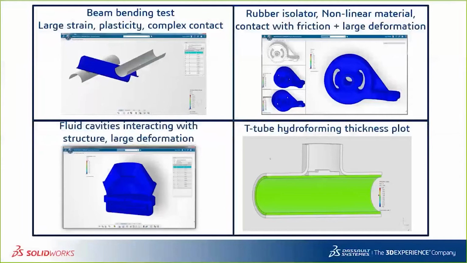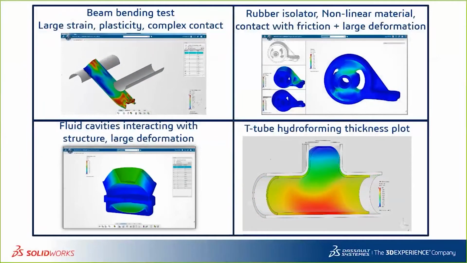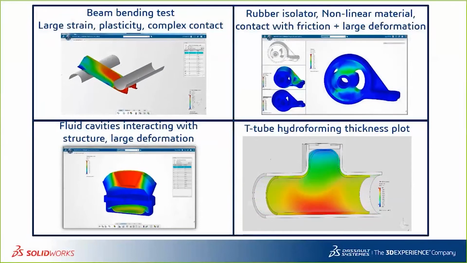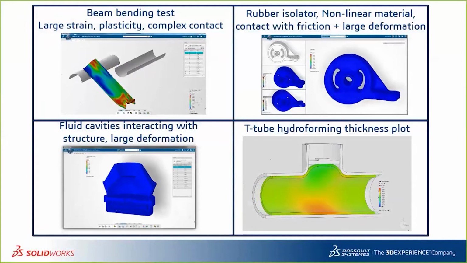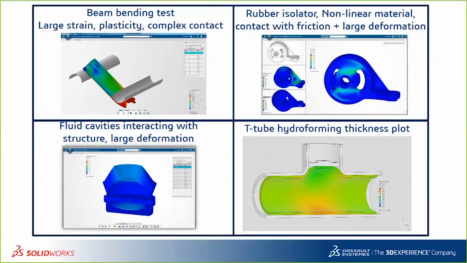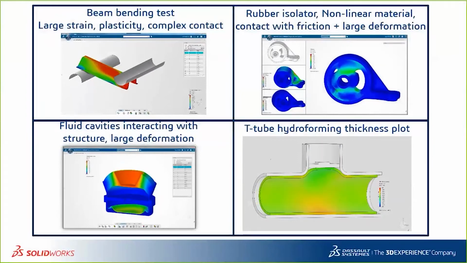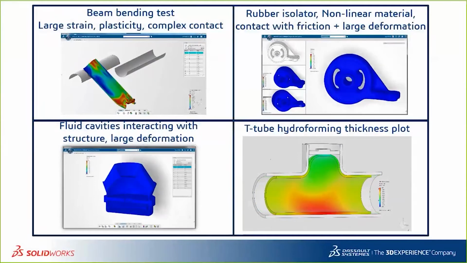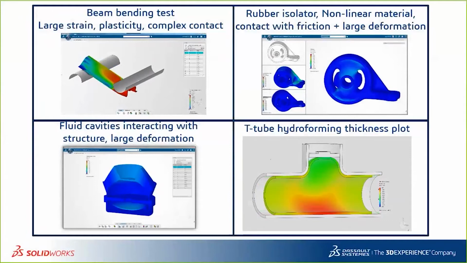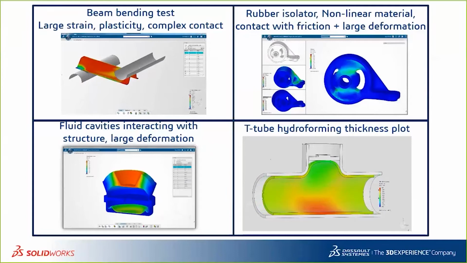Using SSE, we are able to solve quite a bit of complex analysis. So here are a few examples. If you were on our webinar yesterday, you might have already seen this. Just to dive a little bit deeper, we are able to solve large strain, plasticity, complex contact models, any applications that involve rubber isolator, contact with friction, and large deformation, fluid cavities interacting with structure, as well as hydroforming as well.